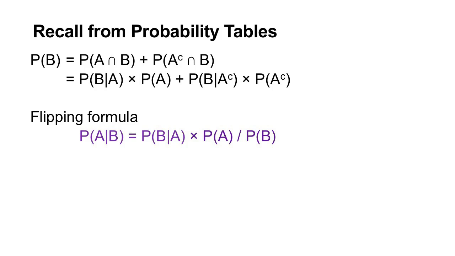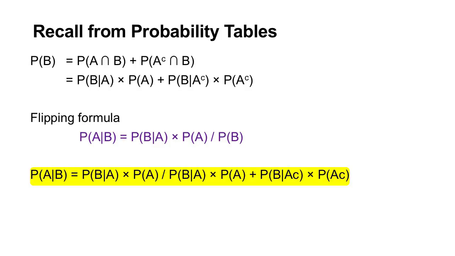Here, for completeness, I give you the formula at the top. If we take this formula and put it into the flipping formula, we get the formula at the bottom with the yellow background. And that's the famous Bayes rule for two events.